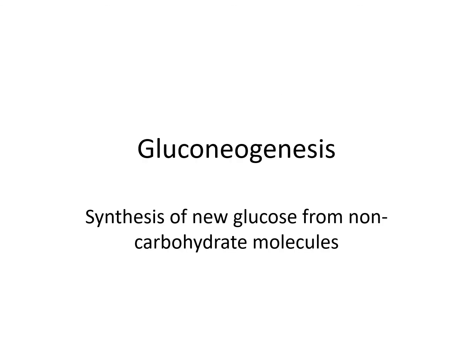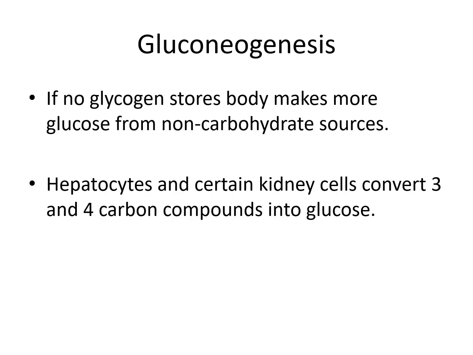The other term is gluconeogenesis, the synthesis of new glucose from non-carbohydrate molecules. As I mentioned before, many of these organic molecules are interrelated, so reactions can convert one to the other. If there are no glycogen stores to use, the body makes more glucose from non-carbohydrate sources, which is kind of neat.